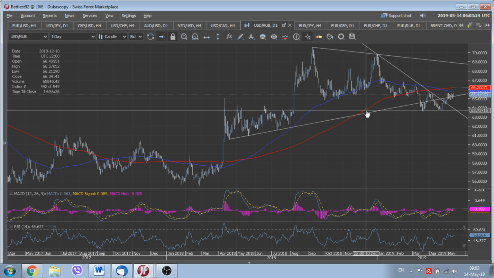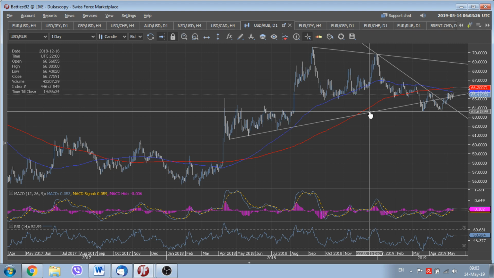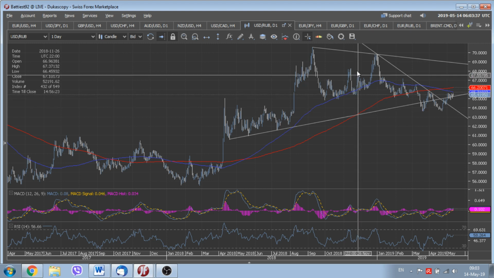So now any kind of pullbacks to that region should give you an opportunity to enter a long position in the currency.